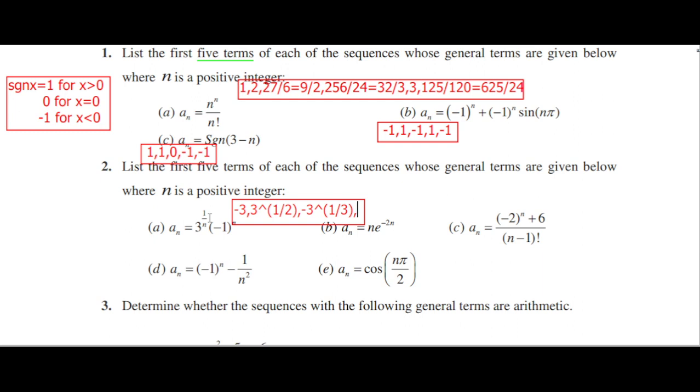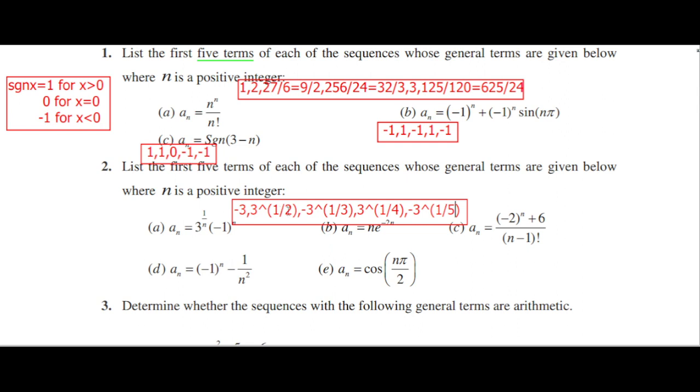Let's substitute 4: minus 1 to the power of 4 is positive, so 3 to the power of 1 over 4. The last term, let's substitute 5: minus 1 to the power of 5 is minus, so minus 3 to the power of 1 over 5.